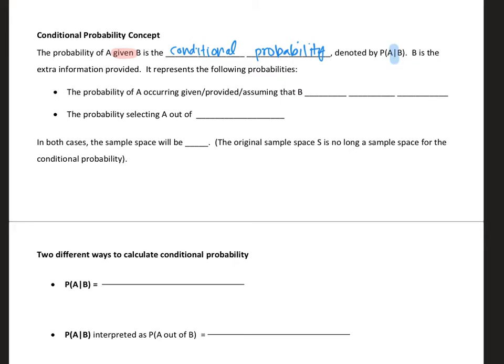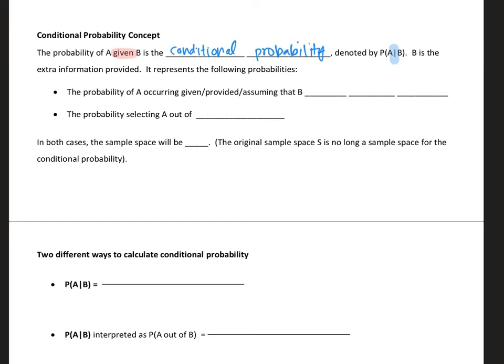So the extra information could be: given that somebody has no virus, or given that somebody has the virus, then what's the probability of this and this and this? That's the extra information that's given to us.